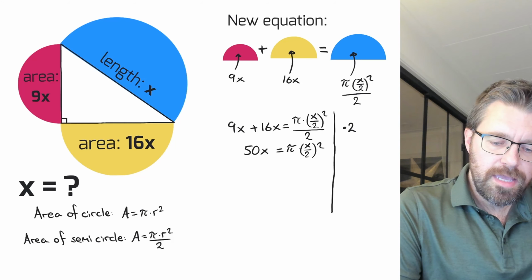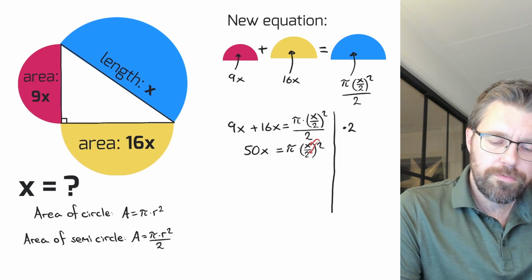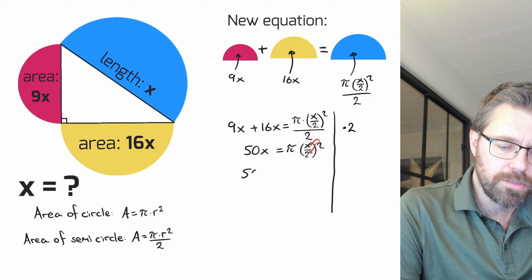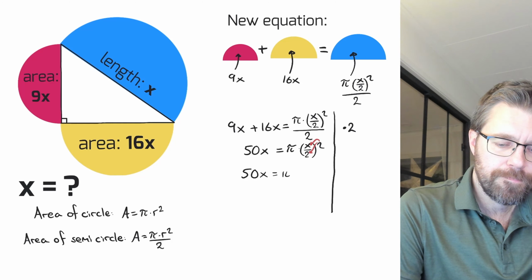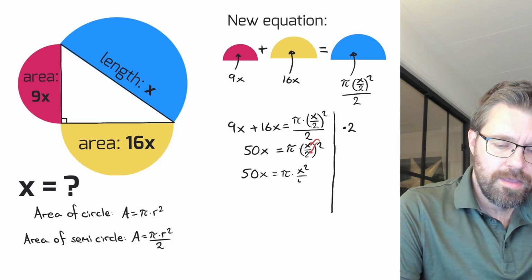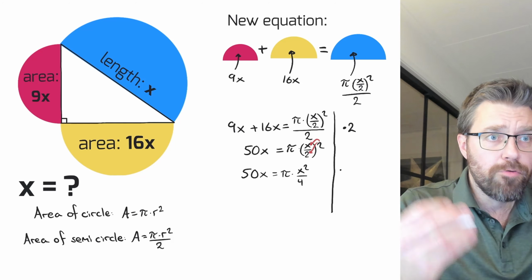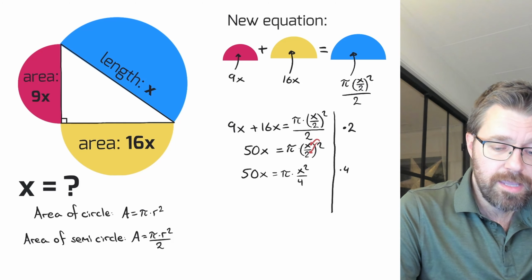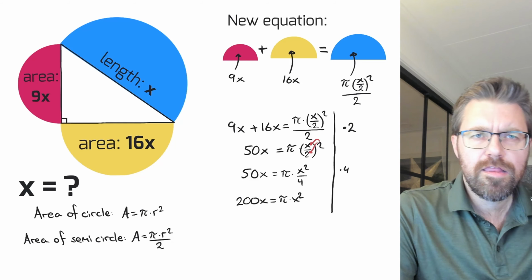You can apply the exponent to the x and to the 2 right here, and then you get this. And then we can multiply both sides by 4 and get 200x equals pi times x squared.